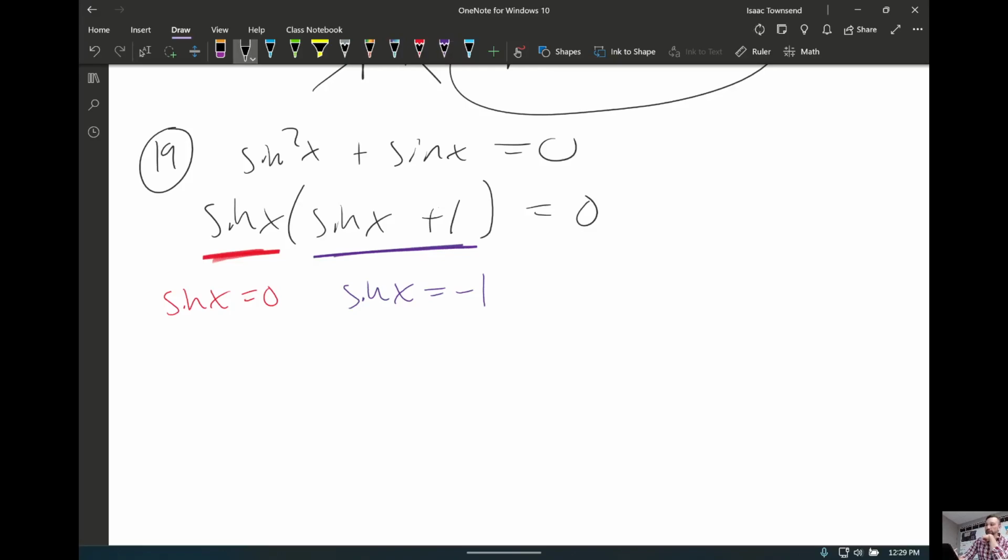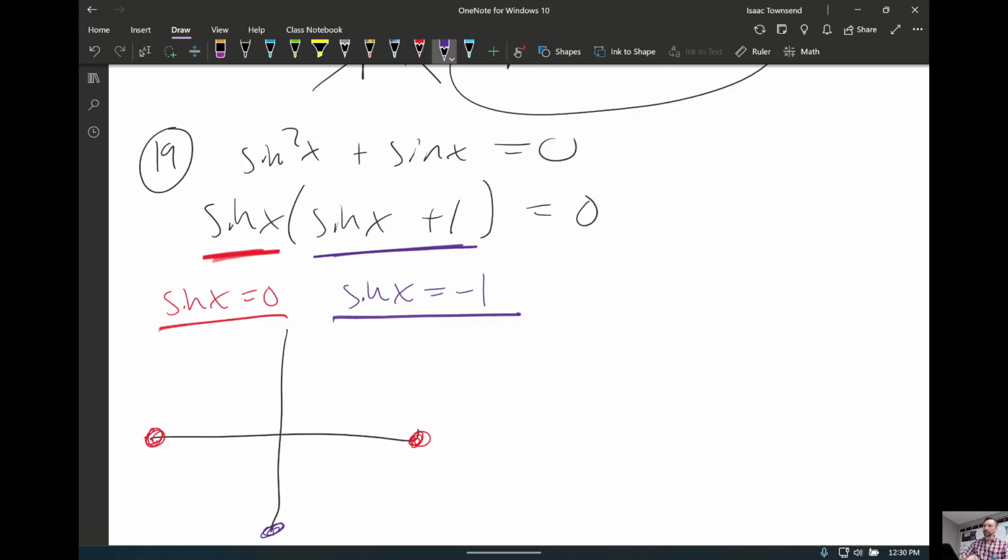So it looks like your solutions should come anywhere where sine is 0. It's where the y value is 0 on the unit circle, and anywhere where sine is -1.